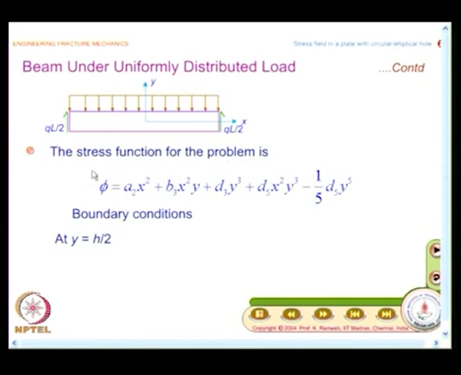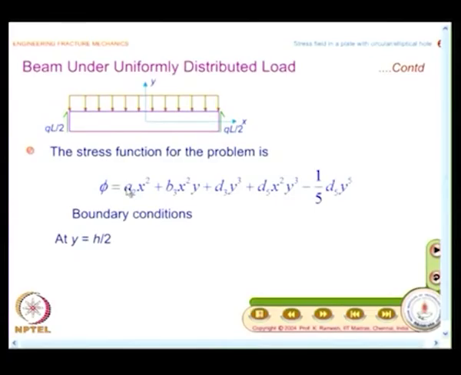If you really look at it, you have certain elements of polynomial of degree 2, polynomial of degree 3 and polynomial of degree 5. These are combined in a suitable fashion to be a valid stress function for the problem that we have taken up.